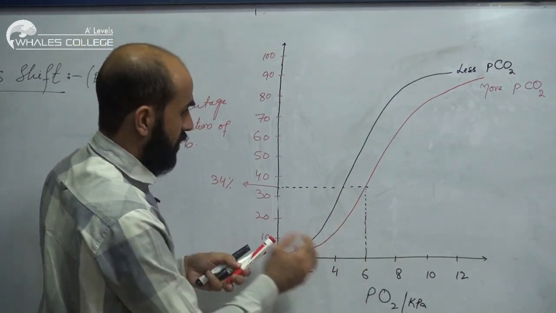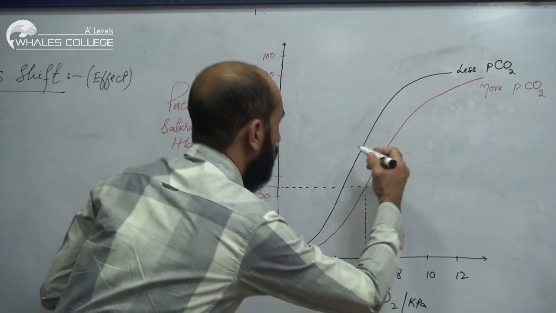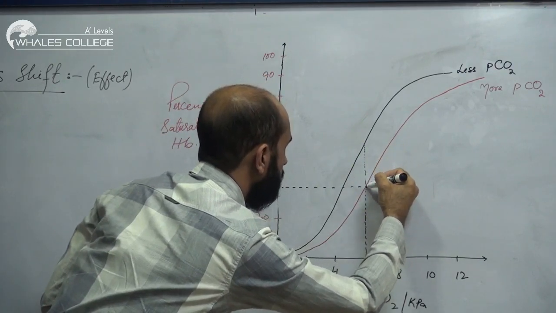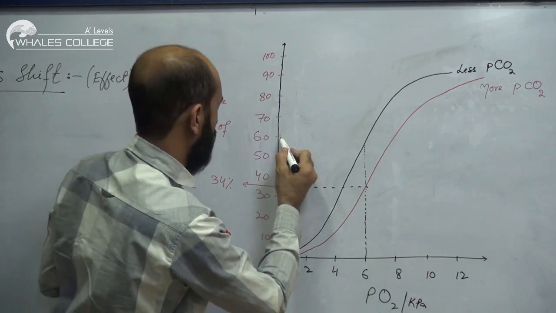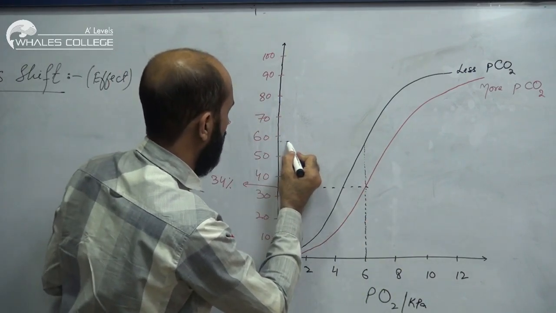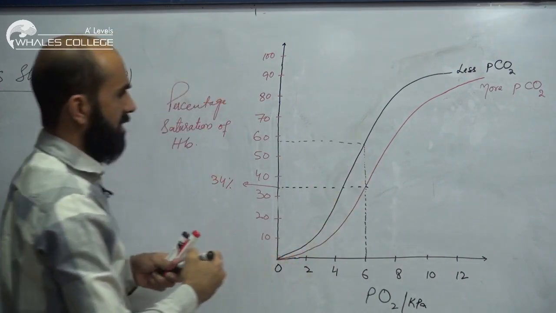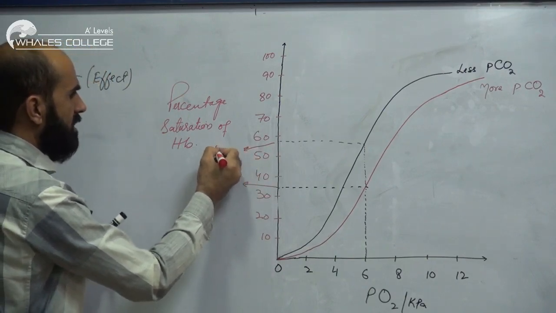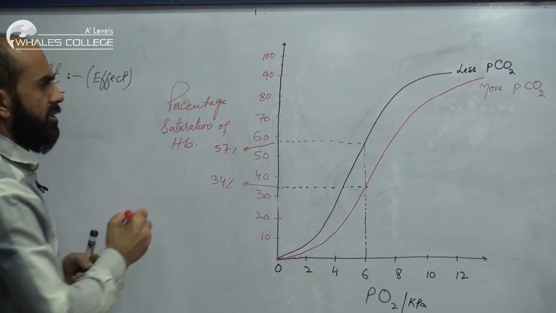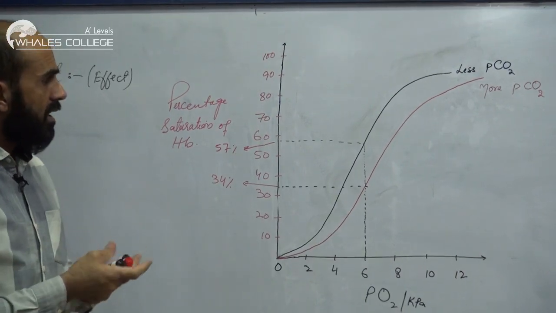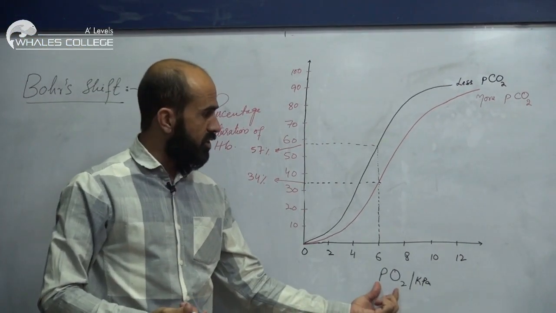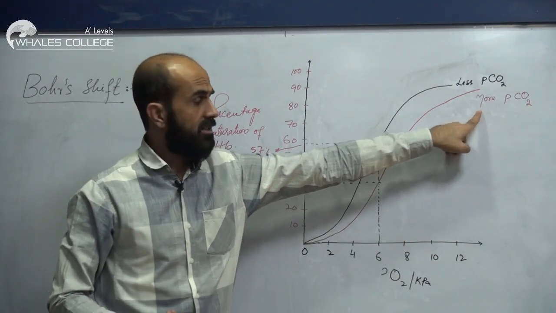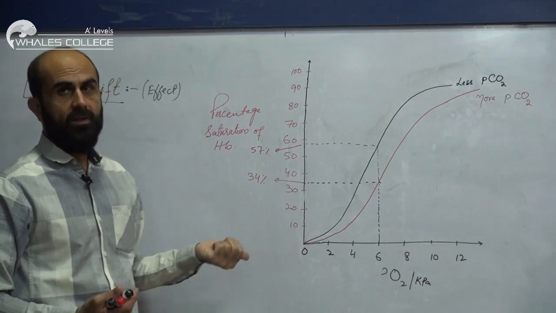But at the same partial pressure of oxygen, if we join this line like here, you can see that the percent saturation is somewhat greater than this one. It's about 57% at the same partial pressure. Although the partial pressure of oxygen remains the same, higher partial pressure of carbon dioxide decreases the saturation.